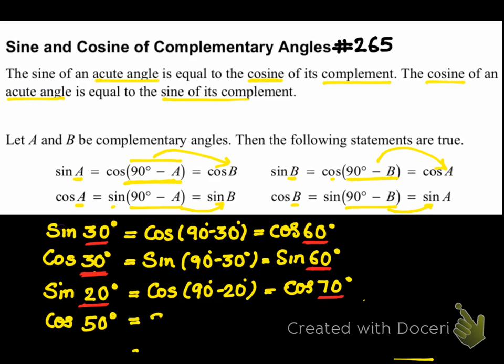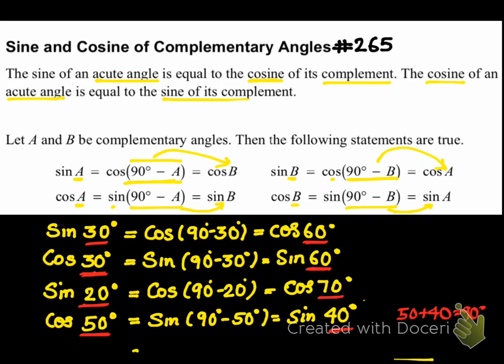So it will be sine of 90 degrees minus 50, and that's sine of 40 degrees. And you can see this 50 and this 40 are complementary. 50 plus 40 is 90. Complementary means you can check that 50 plus 40 is 90.